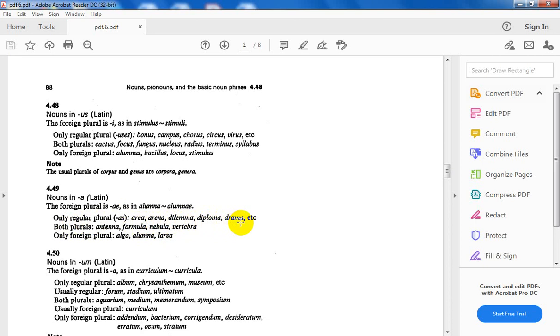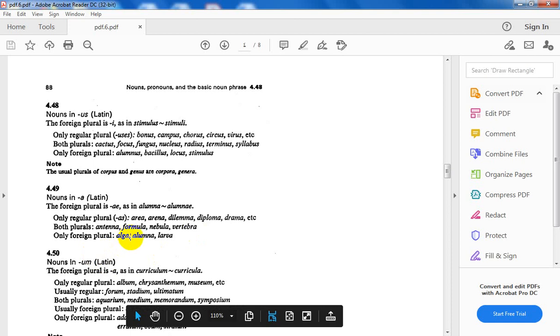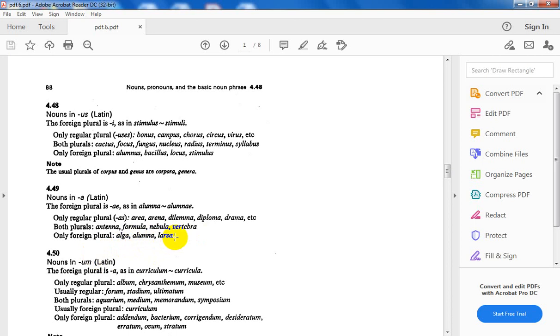Just adding S. But both plurals, adding S or adding E: antenna, antennas or antennae. Formula, formulas or formulae. Nebula, nebulas or nebulae. Vertebra, vertebras or vertebrae. The regular form just adds S, the foreign form adds E. Only foreign: alga, algae, adding E. Alumna, alumnae. Larva, larvae, adding E.